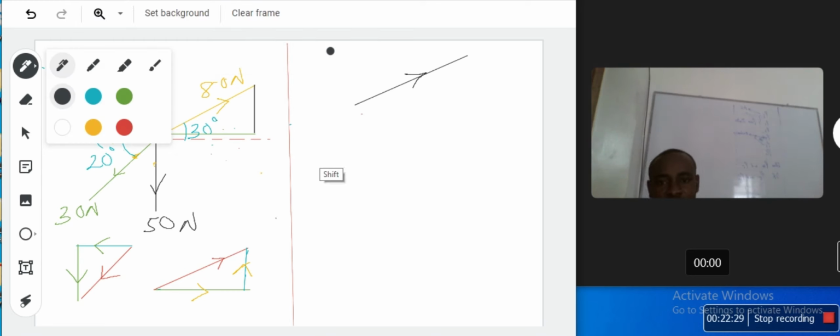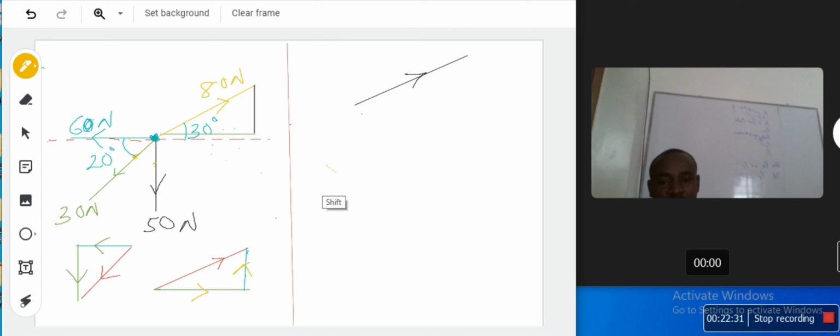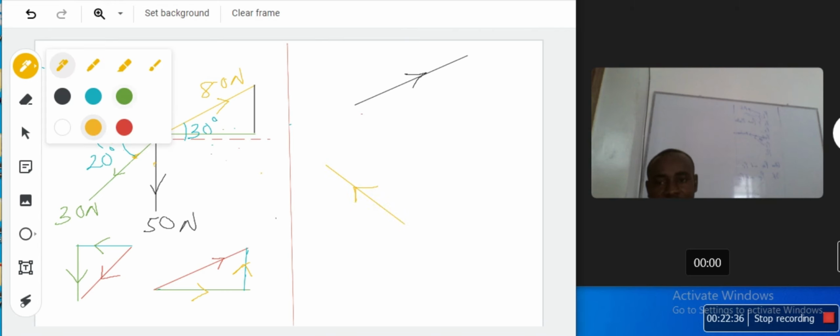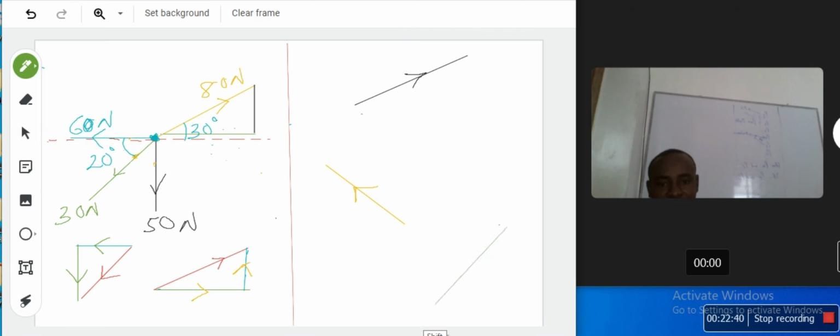The yellow one is for you, Daniel. And the green one is for you, Victoria. So draw the components. Hold down the shift button. Pick up a pen.